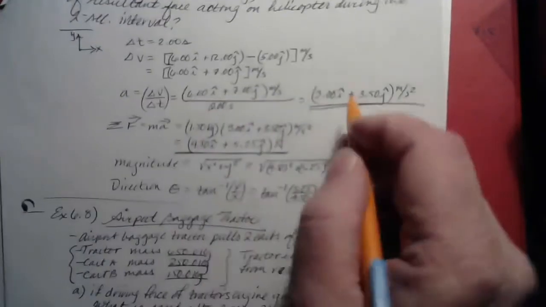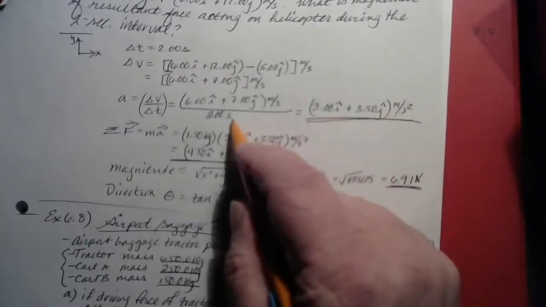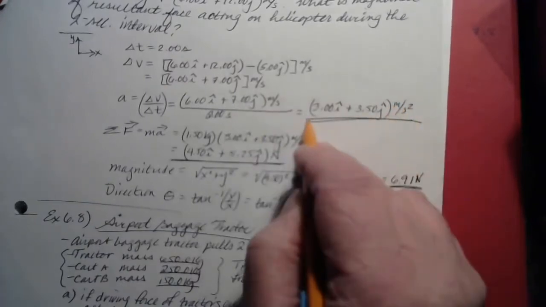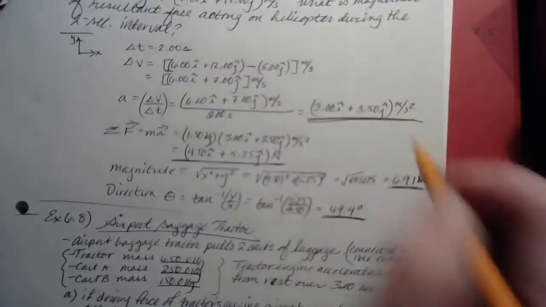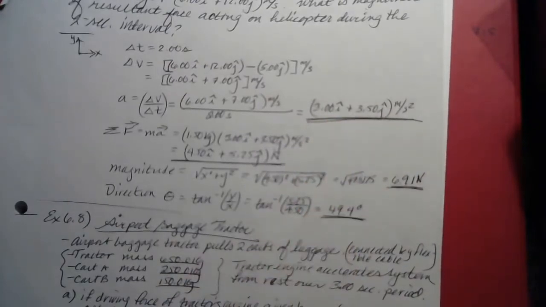So you essentially divide the coefficients by 2, and that's going to be 3i plus 3.5j. Because of the units of seconds on the bottom, that's meters per second squared. So that's the acceleration: 3i plus 3.5j.